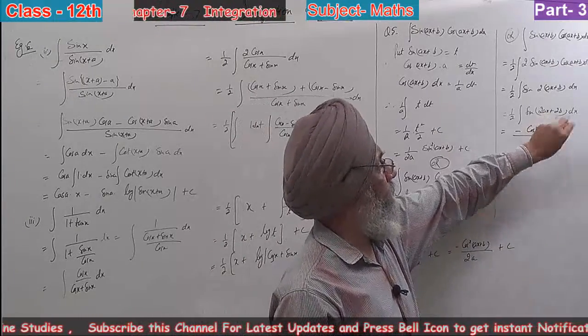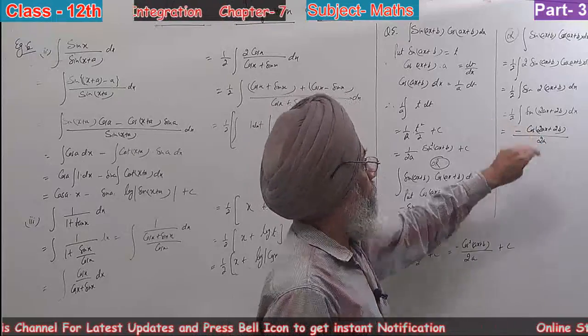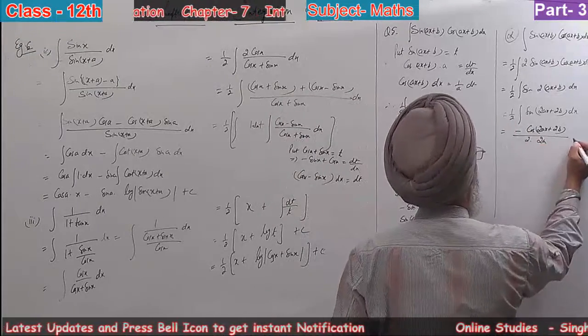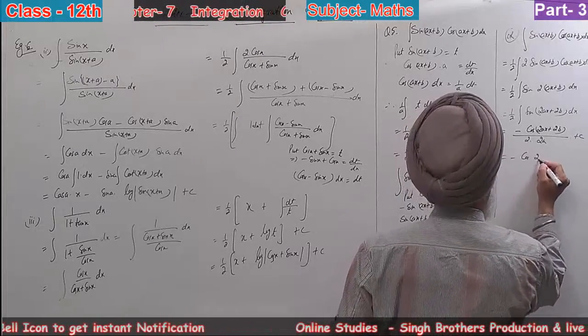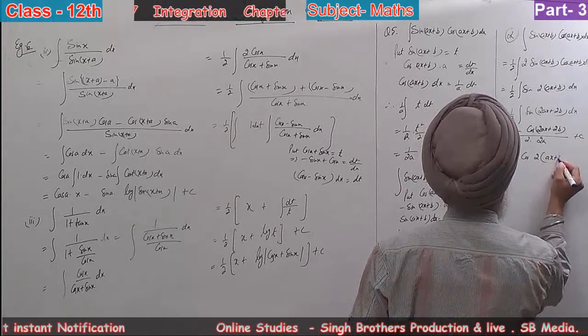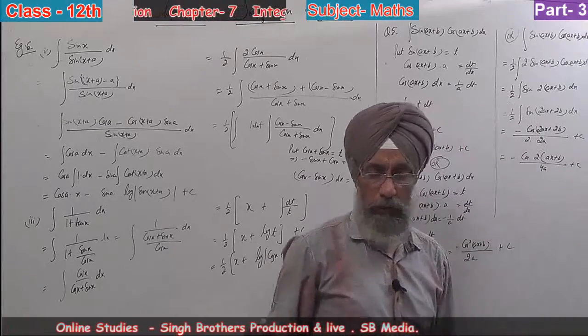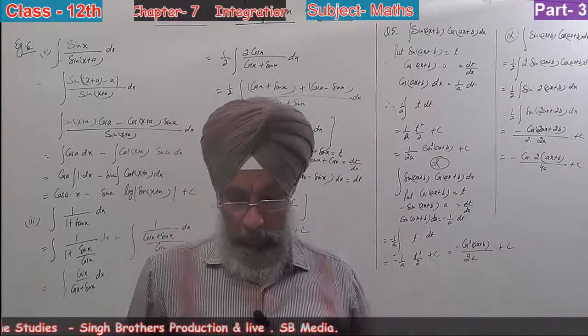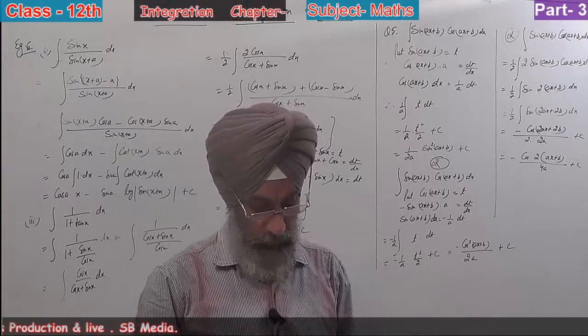Now 2a is multiplying with x here, so you divide by 2a, and 2 is already present here, plus constant of integration, it becomes minus cos 2 times ax plus b upon 4a. So in 3 ways you can integrate this, and in all 3 ways the answer is different, but all are correct. Clear?